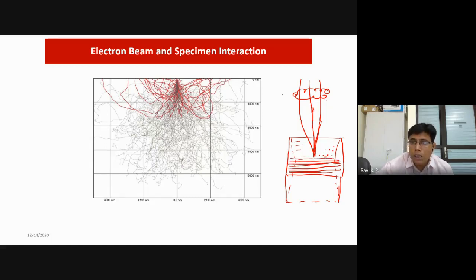This function is done by scanning coils. Now let us assume that you are at one particular spot. Let's say this is your sample. This is your electron beam.